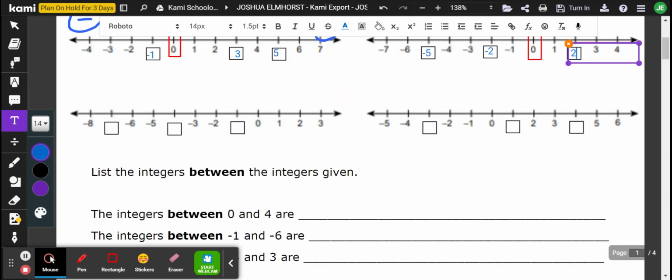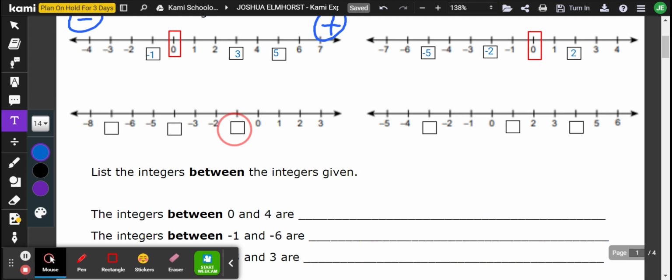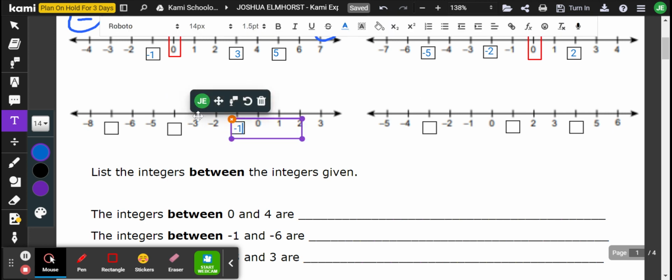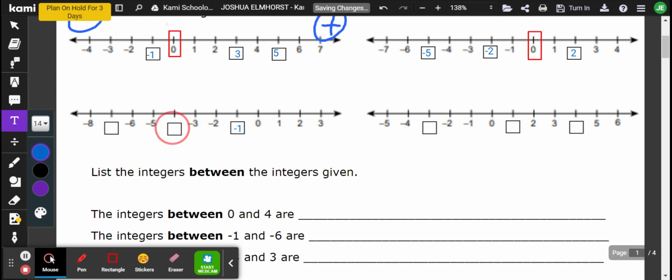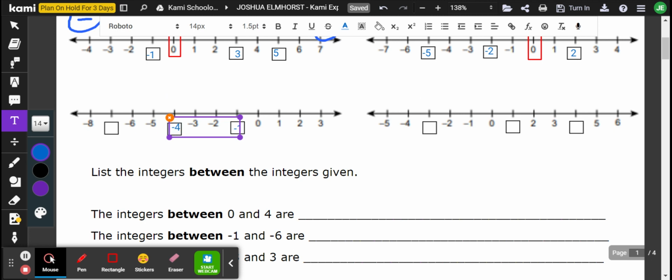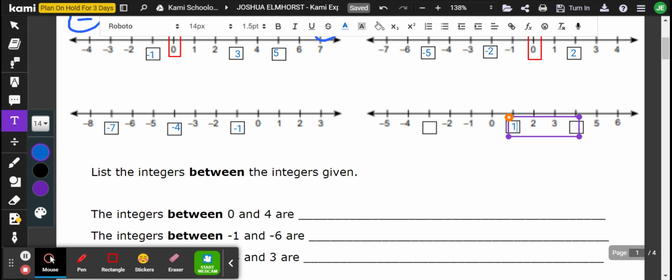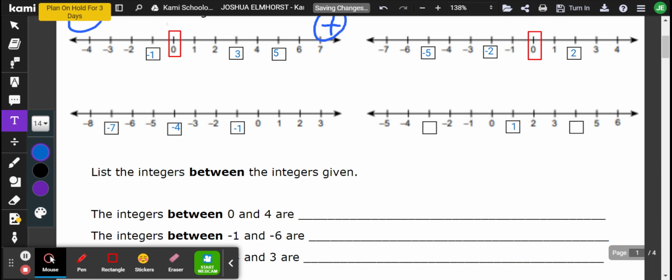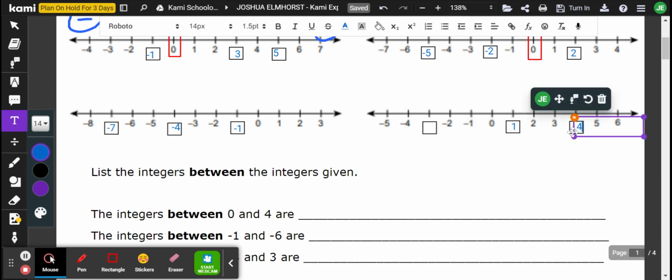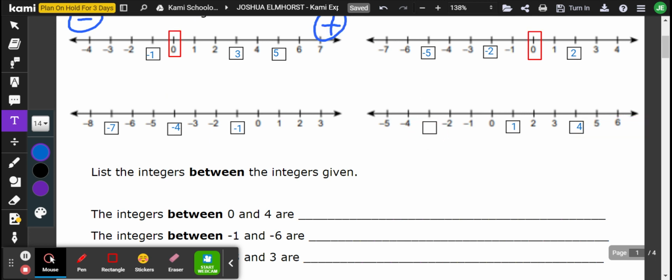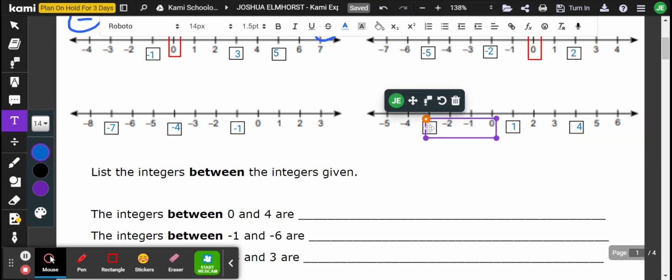Okay, next number line, going left, got -1, -4, and -7. And last example here, going to the right of 0 would be 1, 2, 3, 4. And then going to the left of 0, -1, -2, -3.